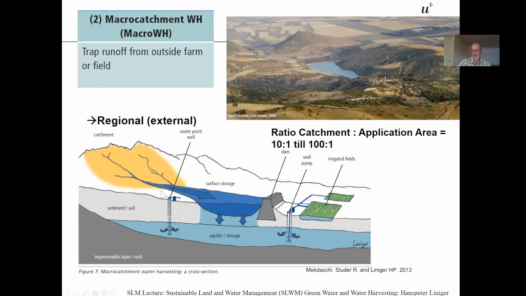So this is blue water management. Here the ratio between catchment and application area is between 10:1 and 100:1 or even more. So these are big systems, and this one stores the water above and below ground.